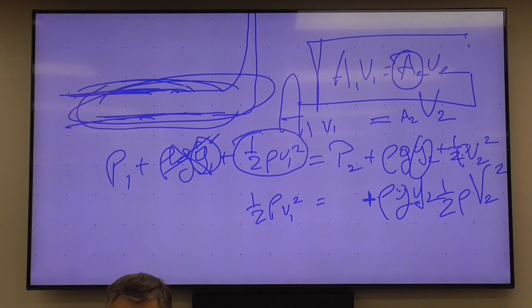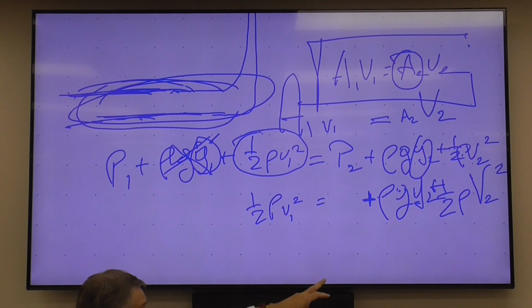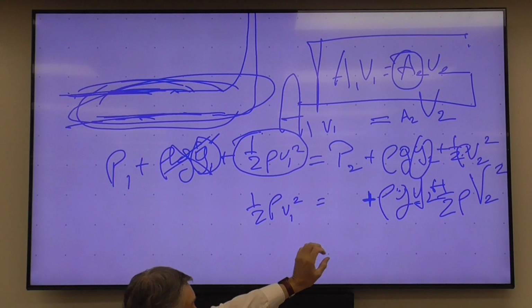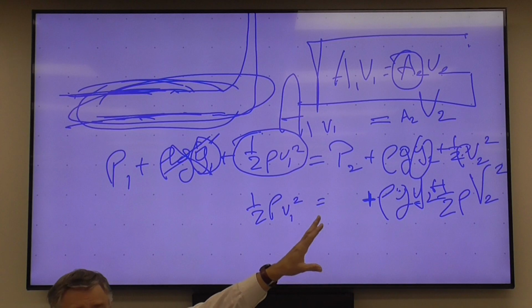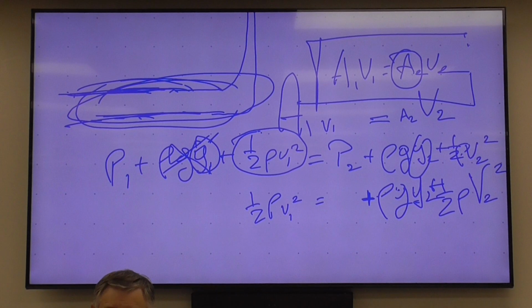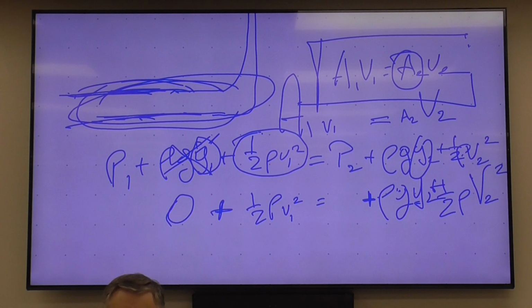Okay? So here's what I want you to see. There's an equality sign in between. So that means you've got the rho g y2 part and the 1/2 rho v2 squared. Those are going to be big numbers. But this part of this equation here is going to be 0. So how are you going to compensate for that? Big.